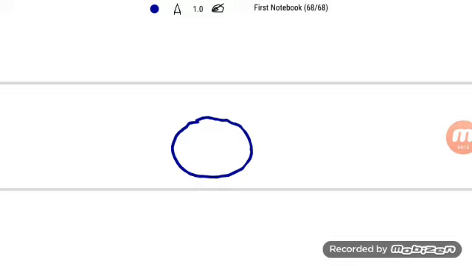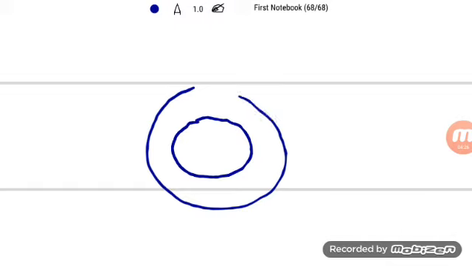The atomic number of carbon is 6. So what does the atomic number mean? It is the number of electrons. So I am going to draw 6 electrons.